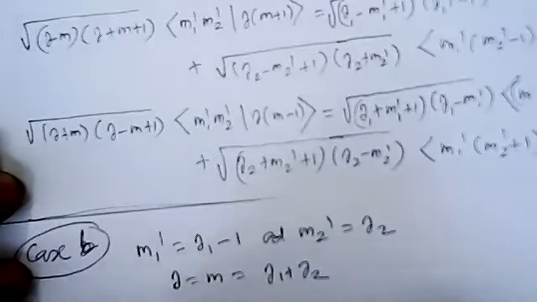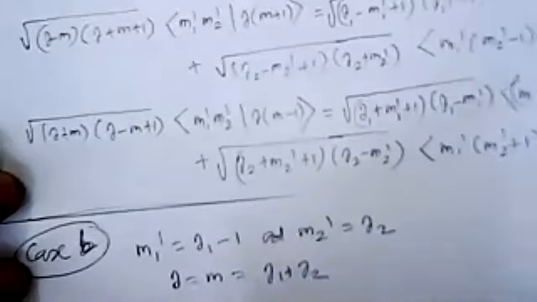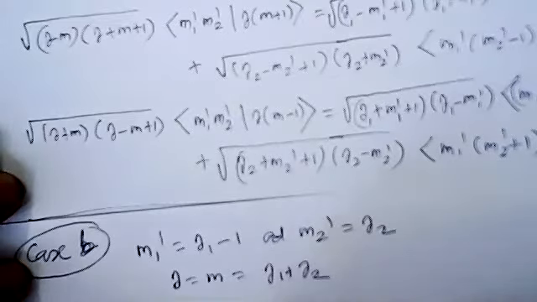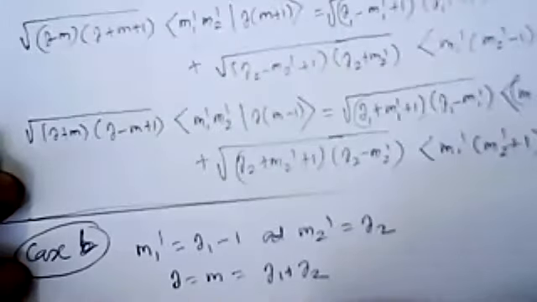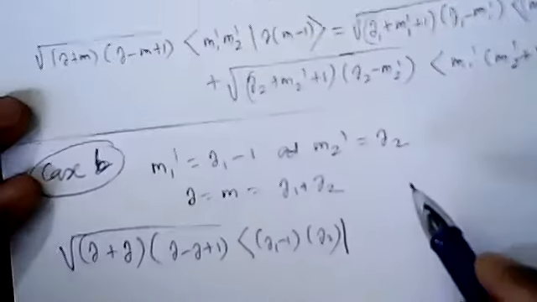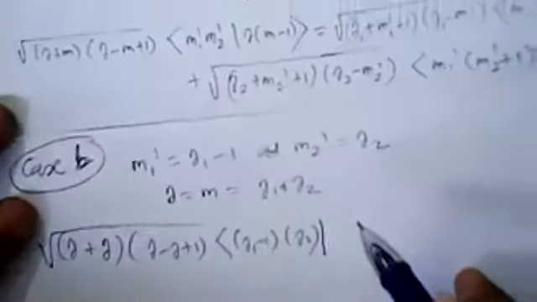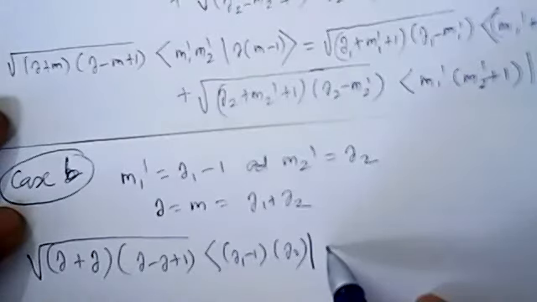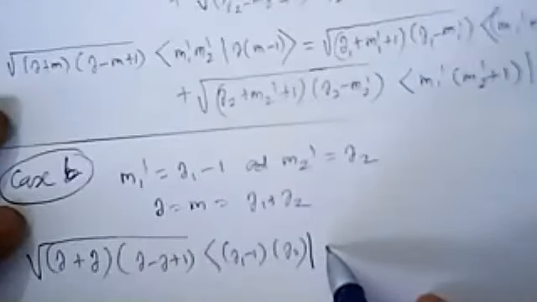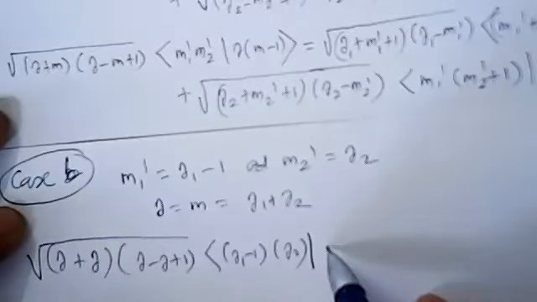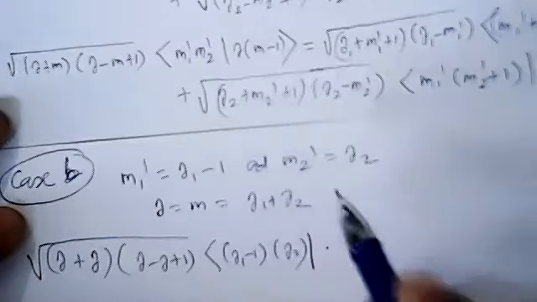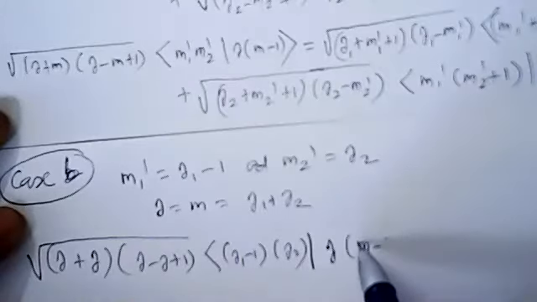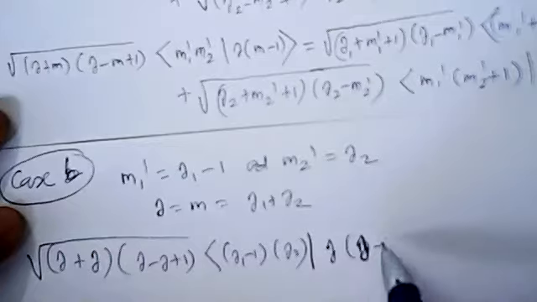J plus j, then j minus j plus 1, then m1 dash, m2 dash changed: j1 minus 1, j2. Then jm, j minus 1, m minus 1.